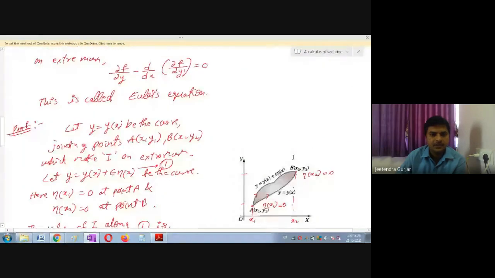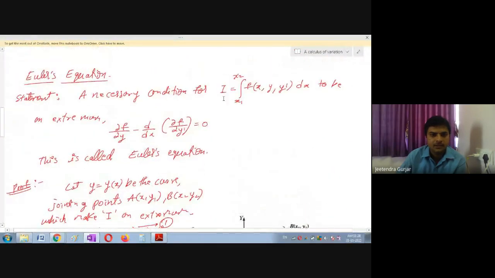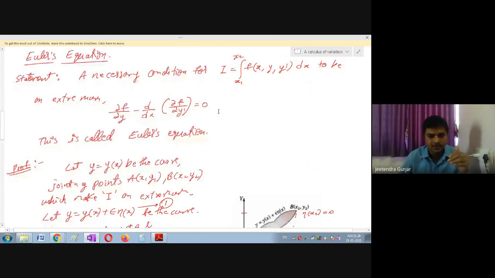I'll just repeat the same. We know the functional I is equal to integration x1 to x2 f of x, y, y dash dx. This is from the definition of functional, right? What Euler says, this term in the integral sign is equal to 0. That is what we have to find.